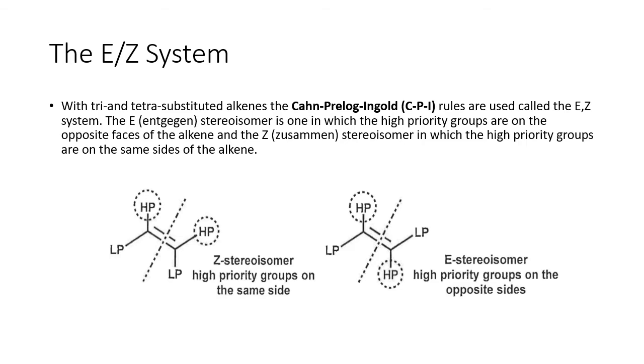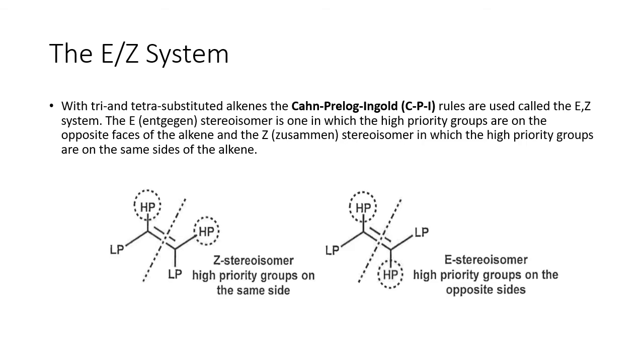So when we name alkenes, we want to use a set of rules in order to determine what groups are considered the highest priority groups. And then we decide if the high priority groups are on the same side of the double bond, so both up or both down, or are they on opposite sides of the double bond if we draw an imaginary line through it.